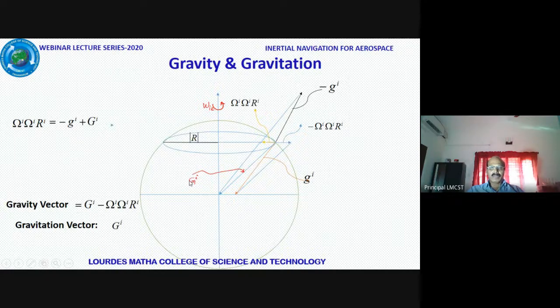That is this vector. Then because Earth itself is going around its own axis at approximately 15 degrees per hour, there is a centrifugal force because of that rotation. That centrifugal acceleration is this particular small vector.